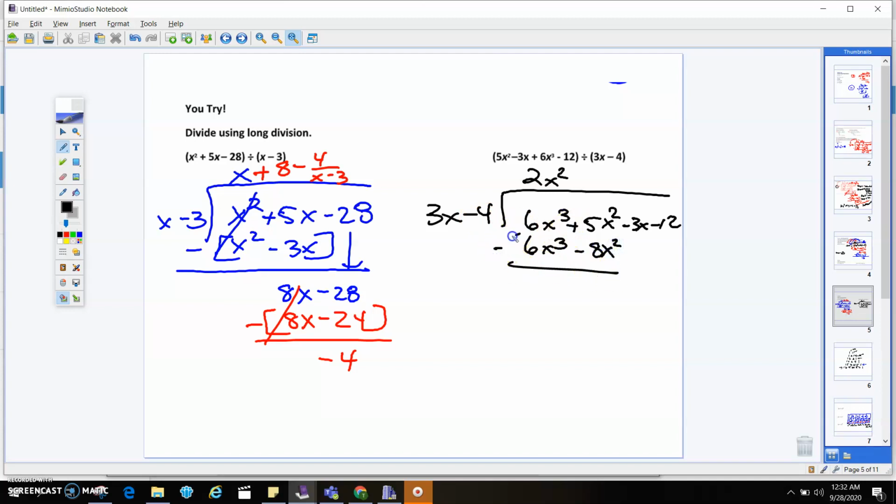And then I'm going to subtract. And 5x squared minus negative 8x squared is going to give me a positive 13x squared. Bring this guy down. Then next, this is where we're going to have a little bit of fractions, and I'm going to run out of time, so I'm going to do it in the next video.